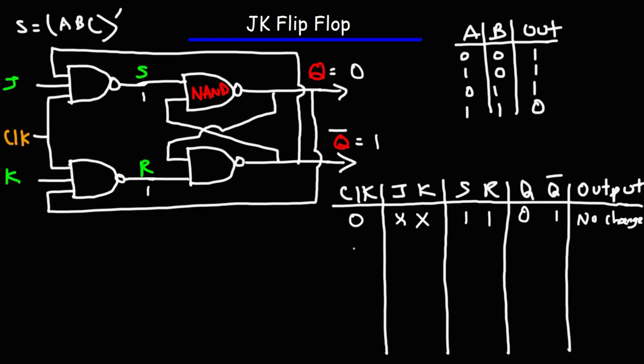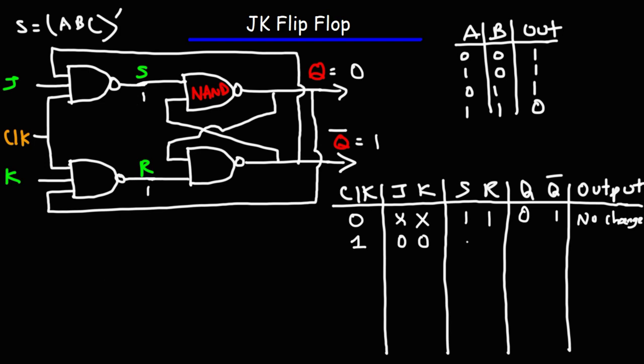Now we're going to apply an active clock input, but we're not going to press the J or K buttons. What's going to happen in this case? Well, remember, S will be 1 if any of the 3 inputs are 0. So because J is 0, S is going to be 1. And because K is 0, R is going to be 1.